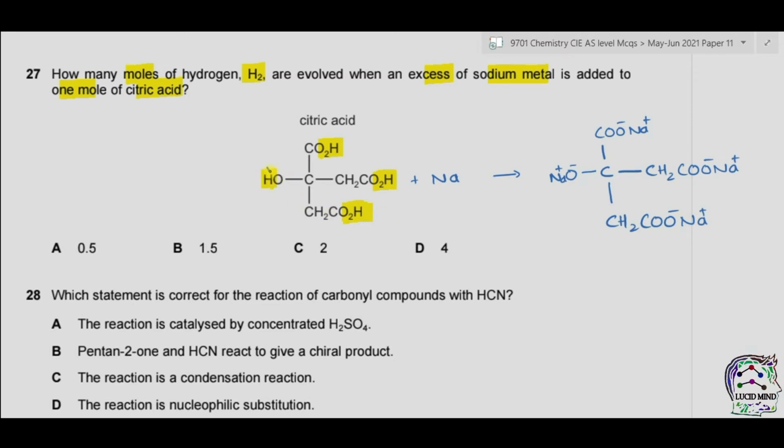Now we can see 1 hydrogen, 2, 3, 4 hydrogen atoms are removed, or we can say 2 hydrogen molecules are removed. So therefore answer is 2 moles of hydrogen molecules.